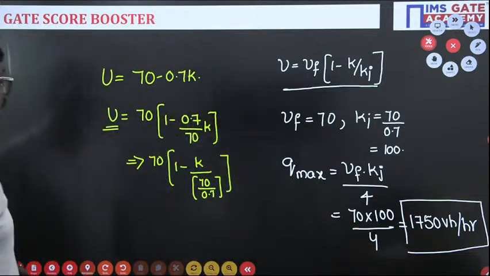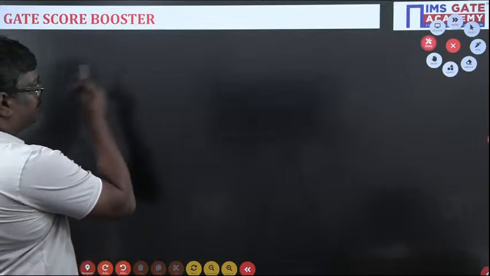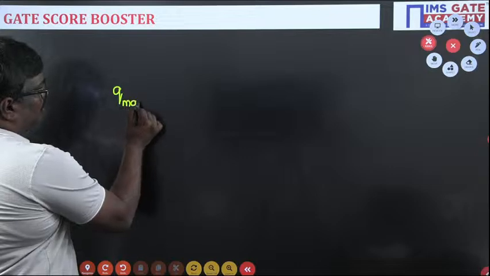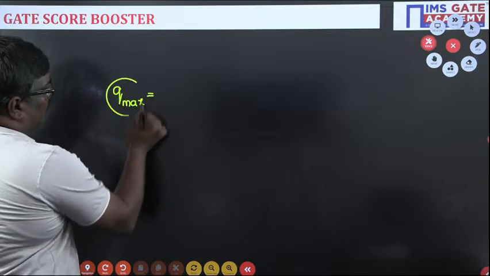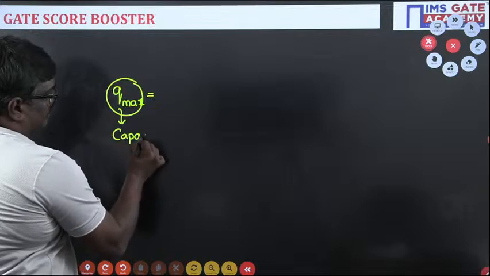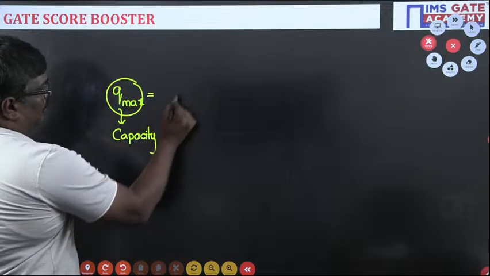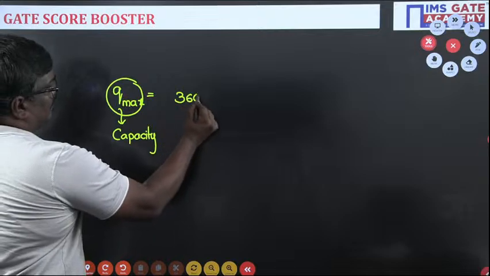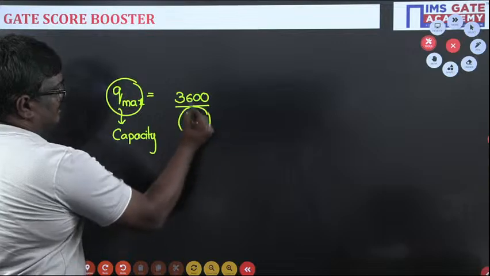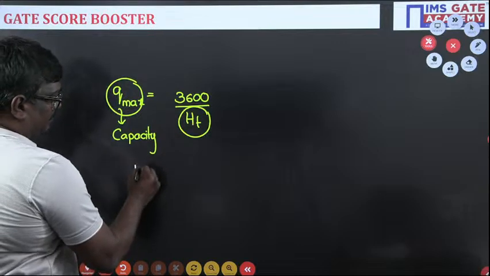Now here, let me tell you. You can write Qmax, or maximum traffic flow, is nothing but capacity. Capacity can be written as 3600 divided by ht, where ht indicates the time headway.